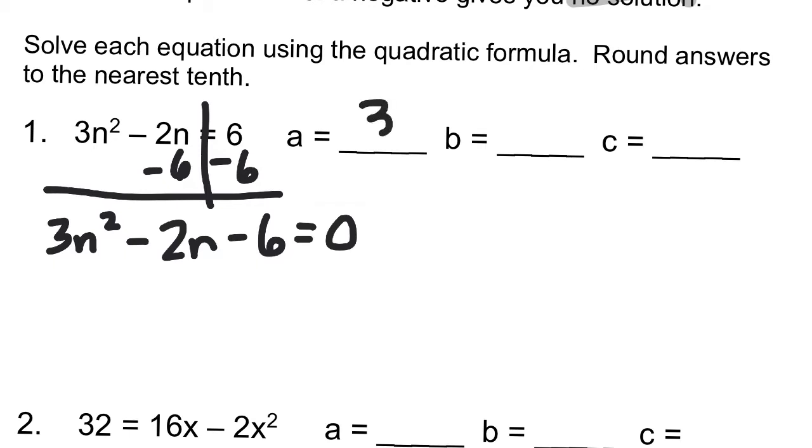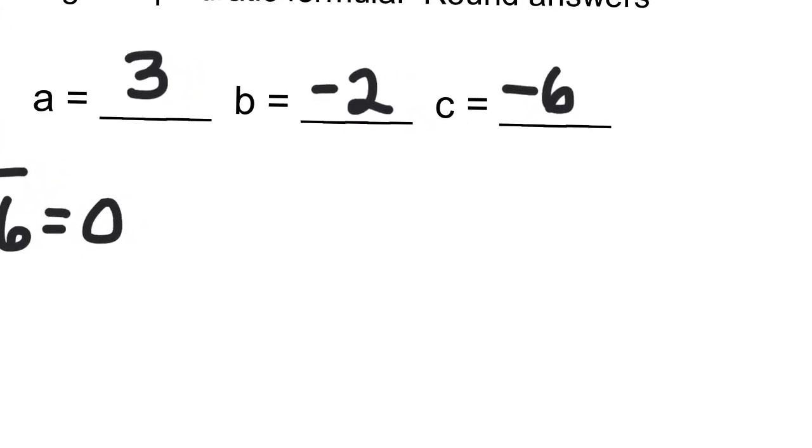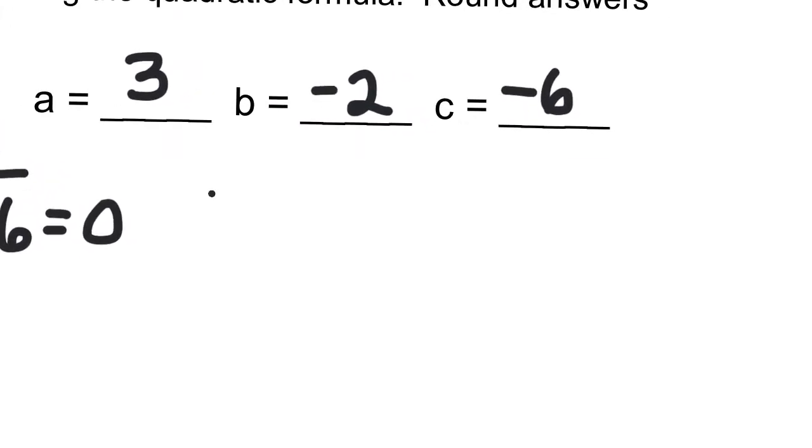Now that it's in standard form, we can find our a, which is the coefficient in front of n squared, our b, which is the coefficient in front of n, and our c, which is negative 6. We'll substitute that into the quadratic equation.